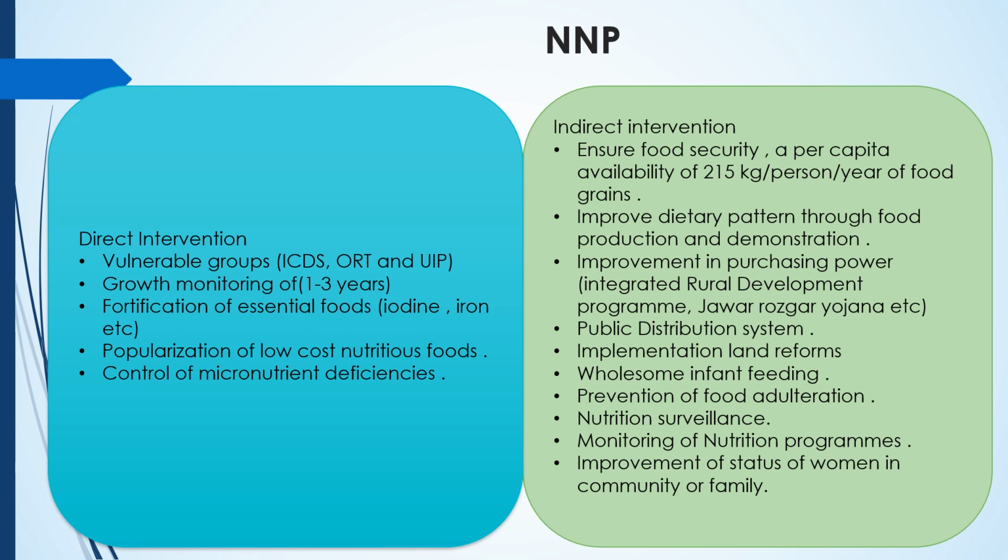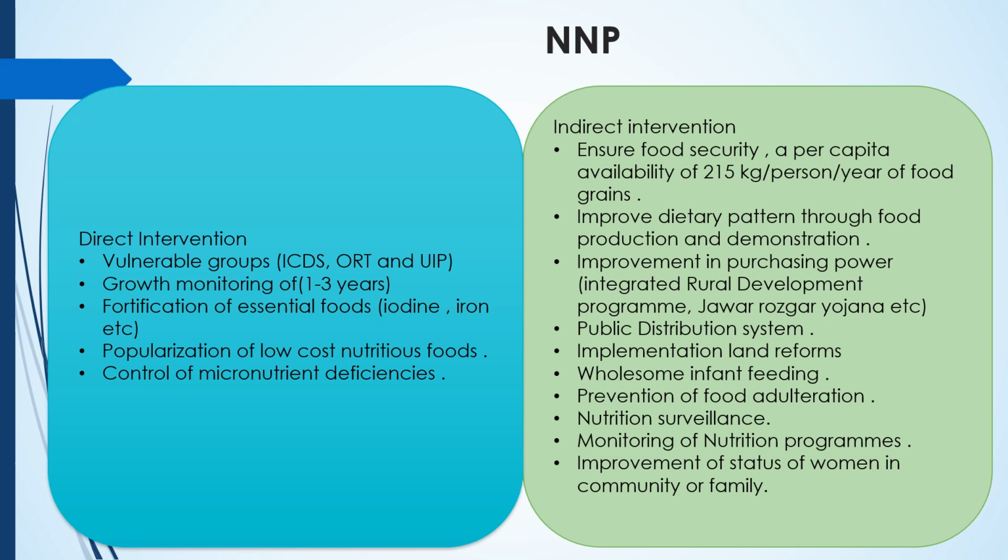A per capita availability of 215 kg of grain per person per year has to be achieved. Improve dietary pattern through production and demonstration, because awareness is needed in producing different types of food grains, as is required to address different sectors of nutrition.